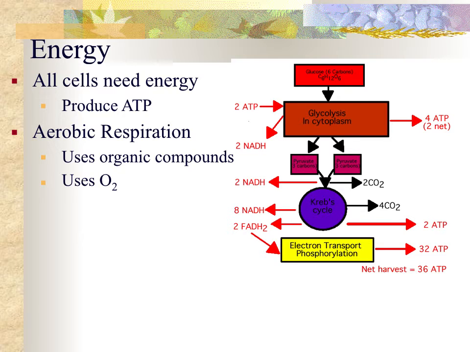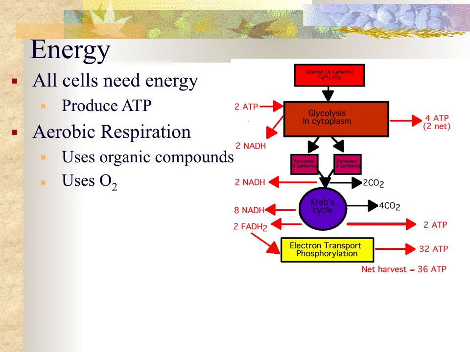And this produces pyruvate, which you then oxidize, and that oxidized product enters the Krebs cycle. And the Krebs cycle tears apart that pyruvate to produce carbon dioxide and energy carriers, NADH and FADH2, and those go into electron transport, and there the majority of ATP is produced.